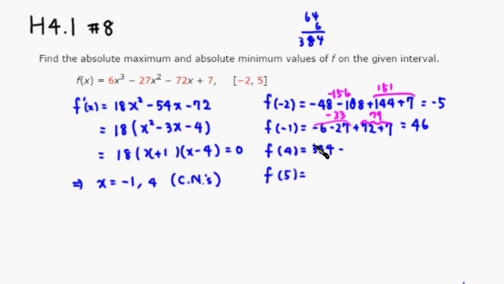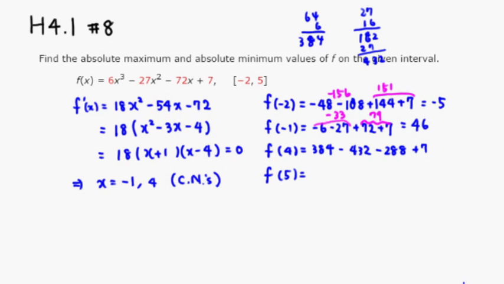And minus 27 times 4 squared, which is 16, so 27 times 16 is 432, so minus 432. Minus 72 times 4, which is 288. So we have that, and plus 7.